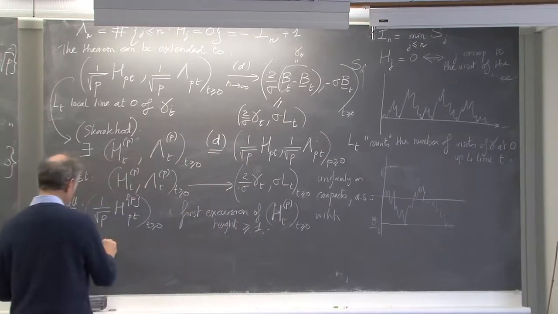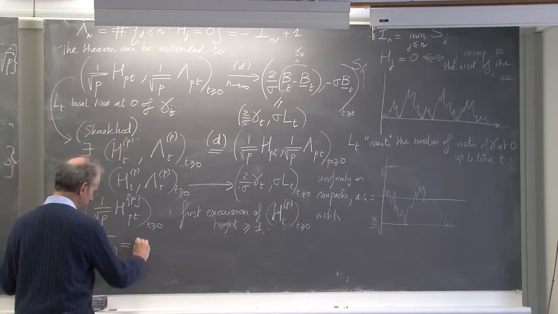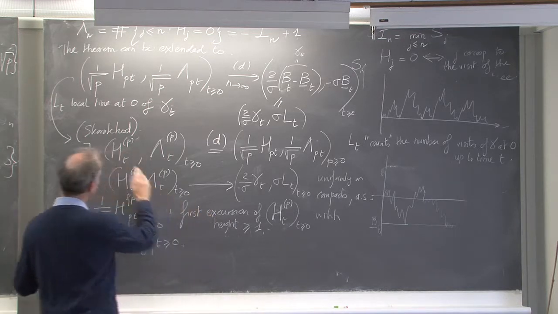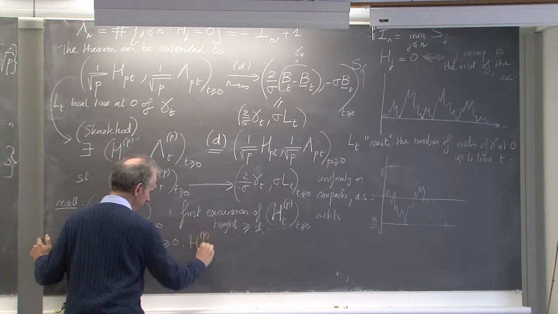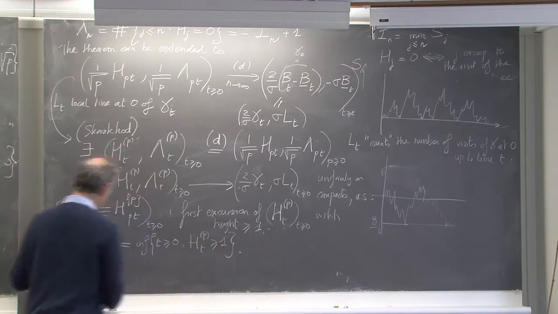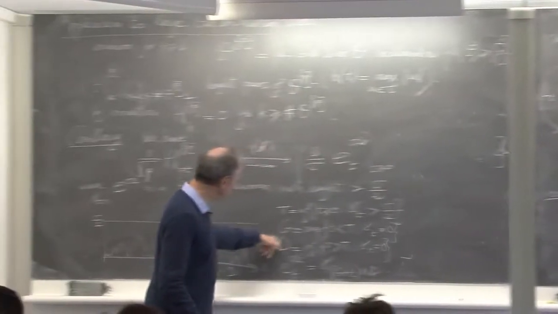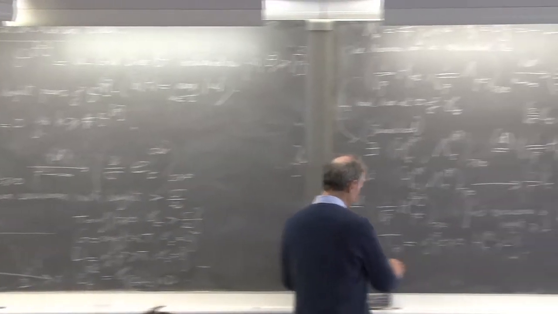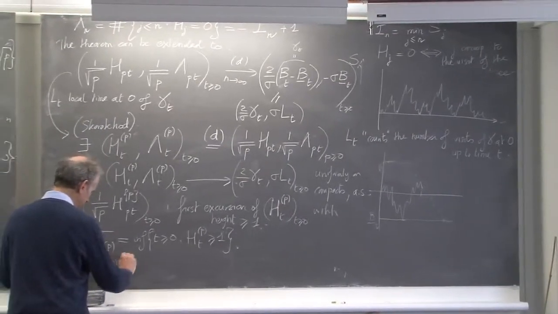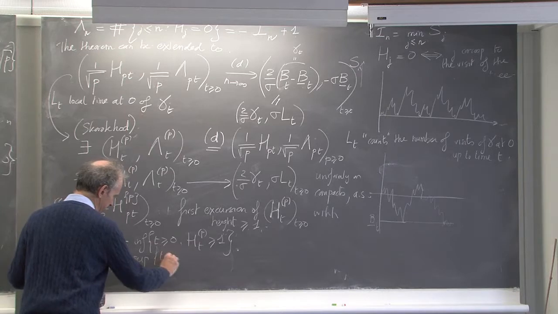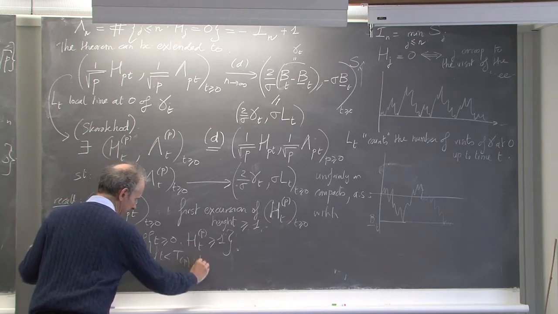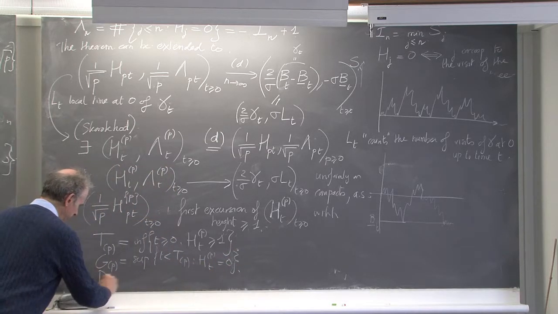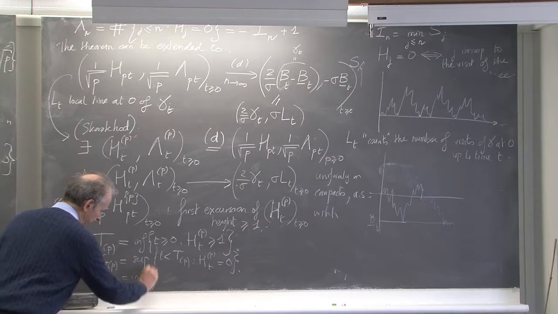And maybe I'm going to define this in a cleaner way. So I will introduce T_p, which is the infimum of t positive where this object here is greater than 1. And I do the same as here. I introduce the first 0 to the left, the first 0 to the right. To the left it's G_p, so the sup of t less than T_p where this is 0, and D_p will be the first 0 to the right.